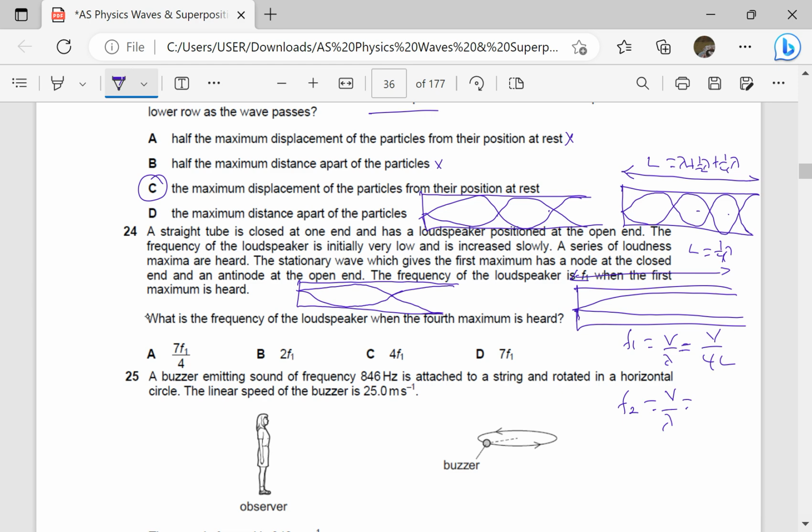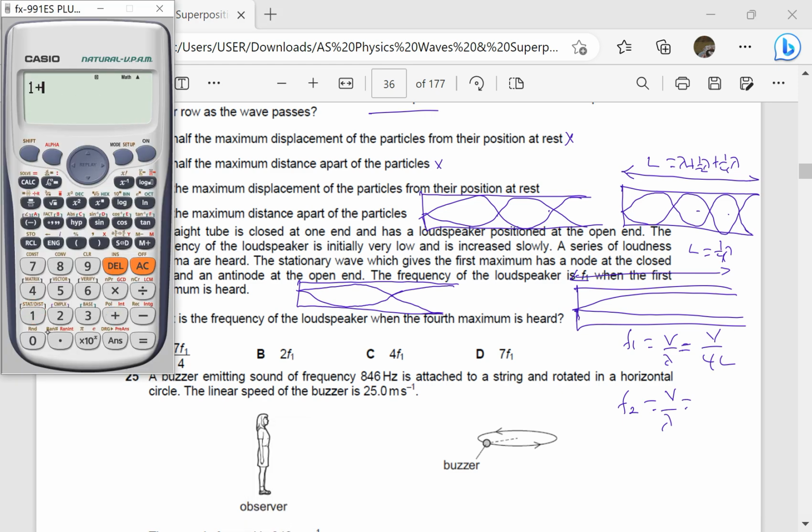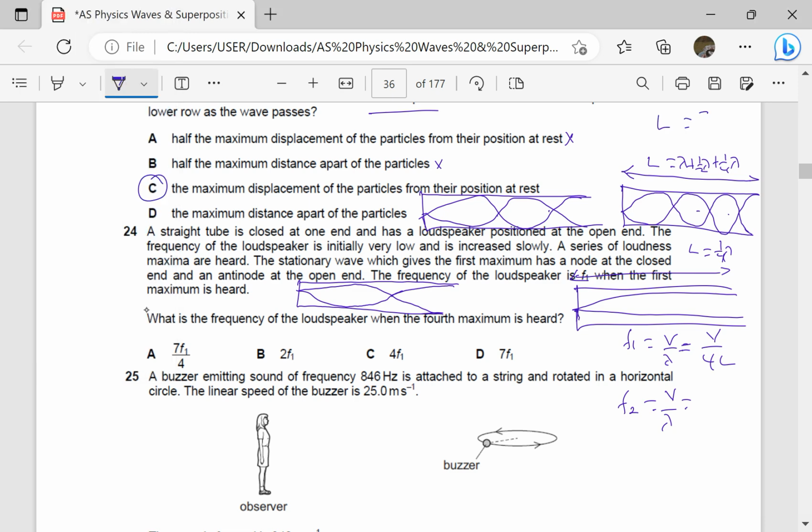That is 7 over 4. So here L is equal to 7 over 4 wavelength. So wavelength is 4L over 7.